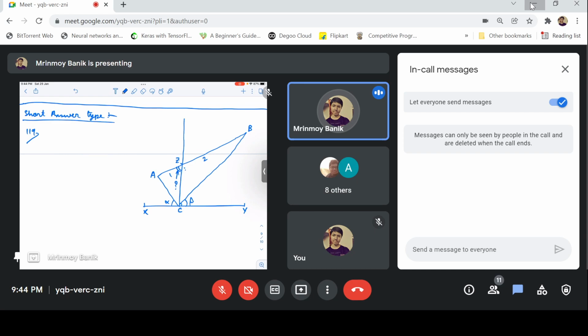Similarly, we can do the same thing in triangle ZCB, I guess.